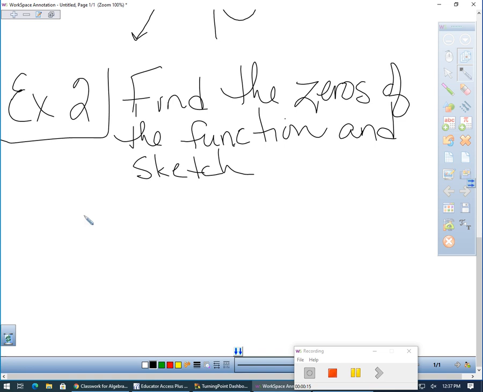All right, and let's go with y equals x to the third plus 4x squared plus 4x.